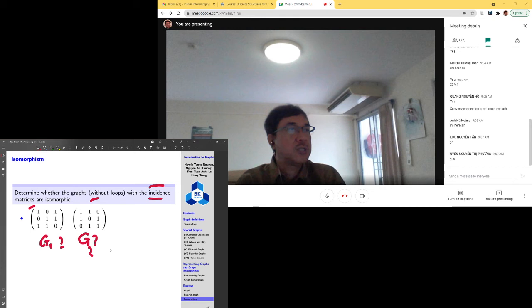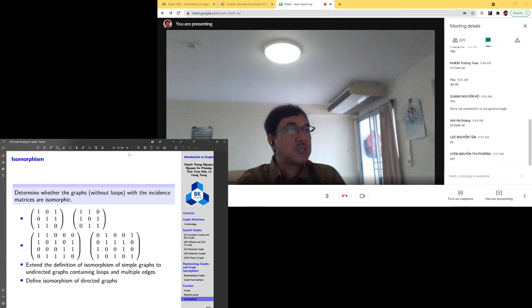So another exercise to talk about isomorphism. In any exam, at the end, we always have this kind of question. Then we want to do more by extending the definition of isomorphism of simple graphs to undirected graphs, but now allowing loops and multiple edges. Multiple edges we call a multigraph, remember?